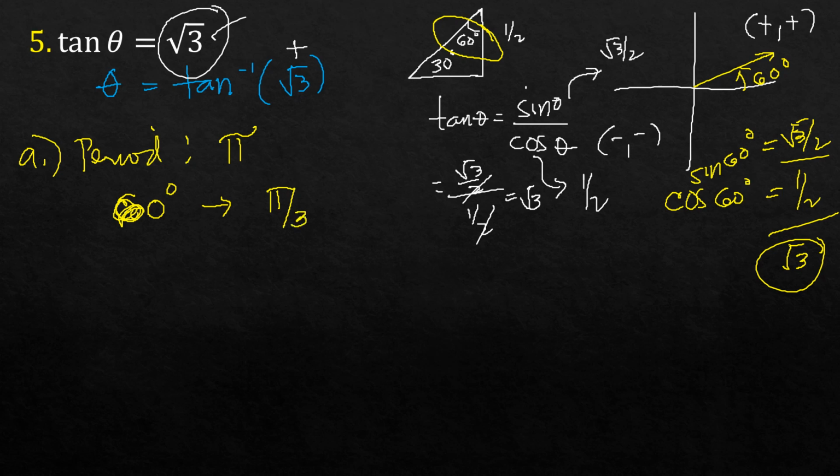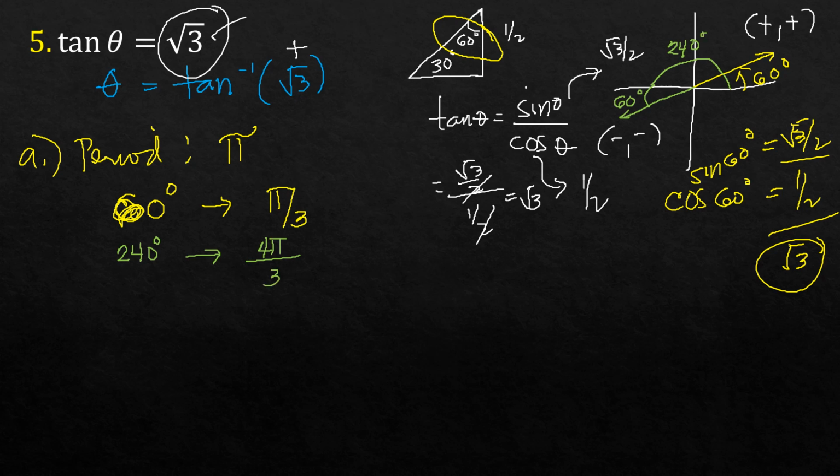Now the next solution is found on quadrant 3. The same reference angle, and that is 60 degrees, so 180 plus 60 is 240 degrees. This 240 degrees in radian is also equal to 4 pi over 3.